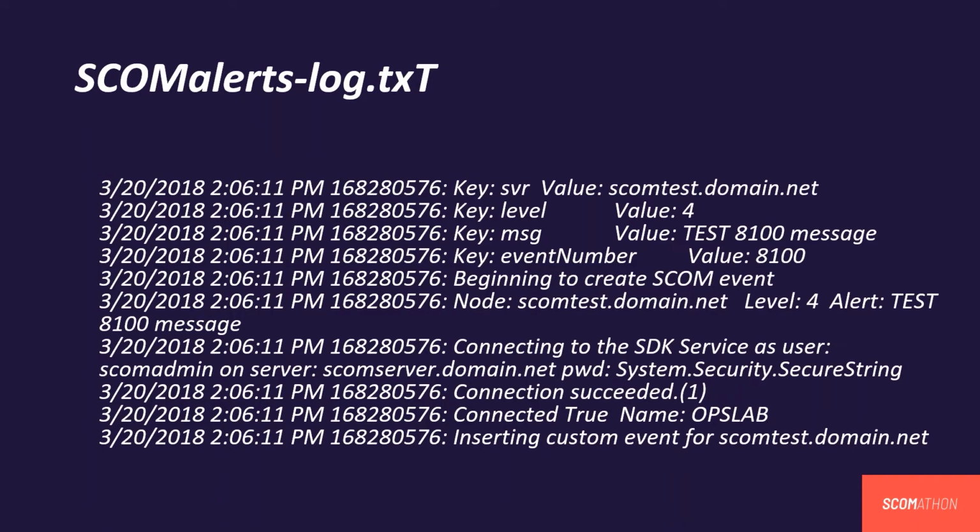This is just a sample of the output log that's generated. You'll notice after the date and time, there's a unique parameter. I do that with all my logging, just because a lot of times I'm creating one log file, and that's just a unique ID randomly created every time a script or program runs.